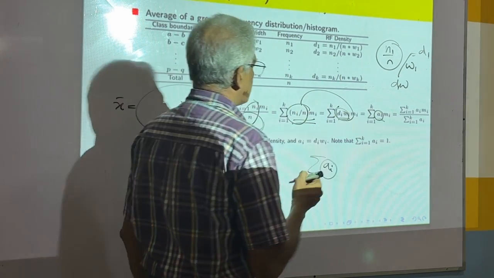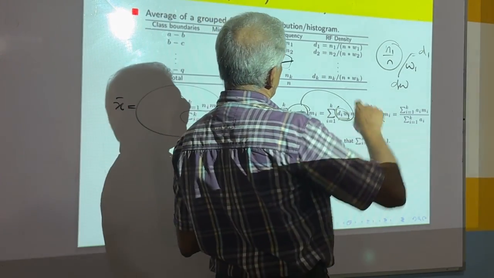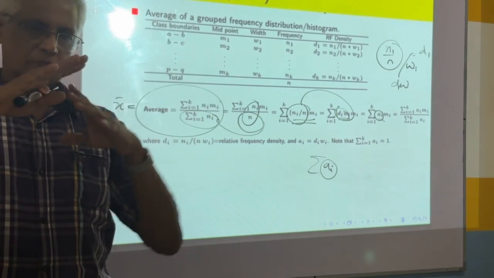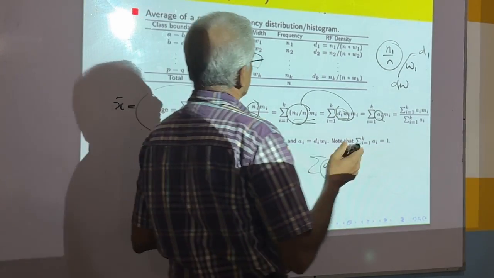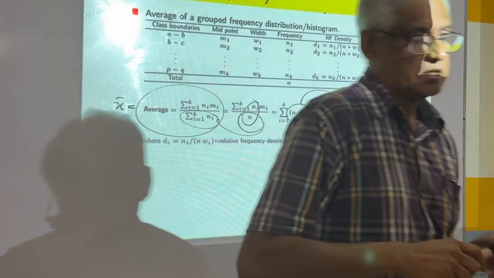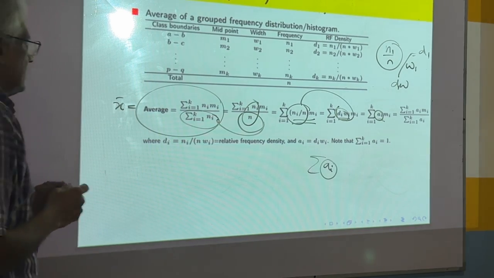where this ai is actually the area. The area is equal to the relative frequency in this case. Each area in the box is equal to the relative frequency in that interval.